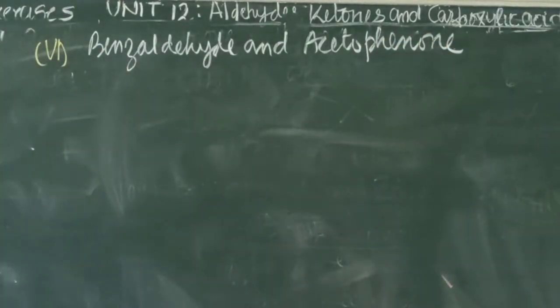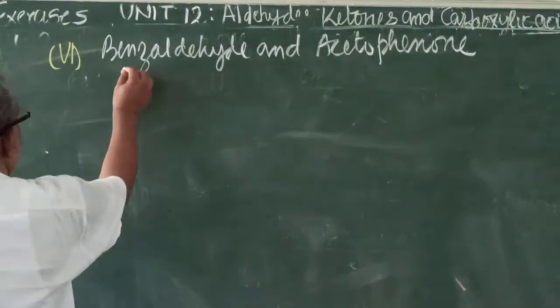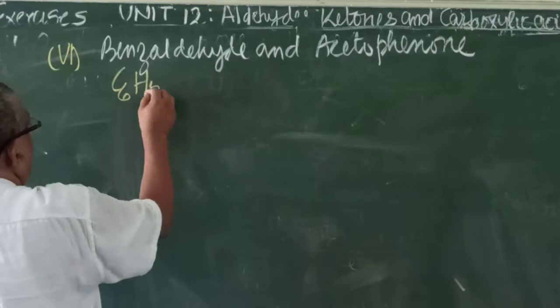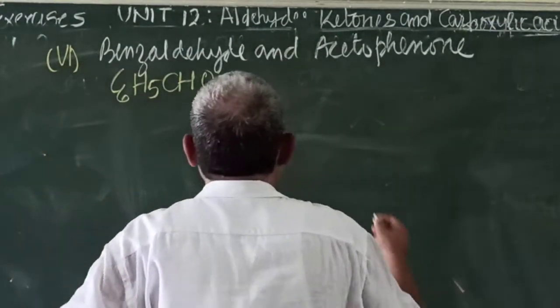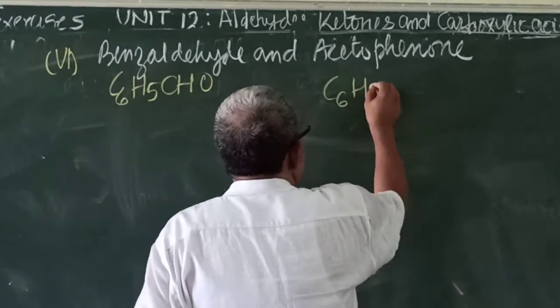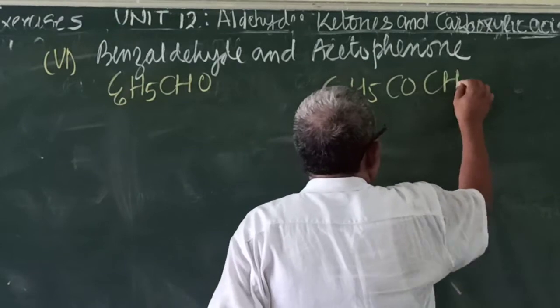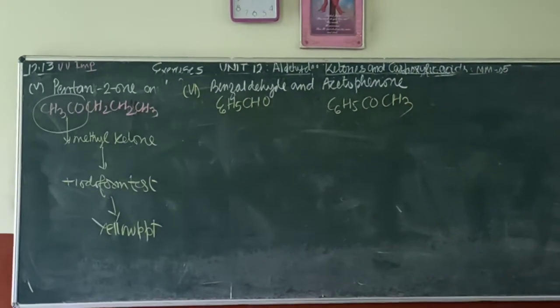Now, write their structures first. What is benzaldehyde? C6H5CHO. What is acetophenone? We have just done it. C6H5COCH3. I believe you are understanding this.